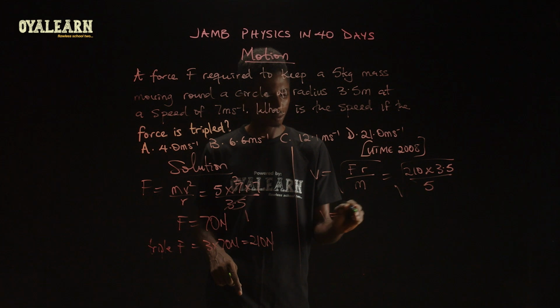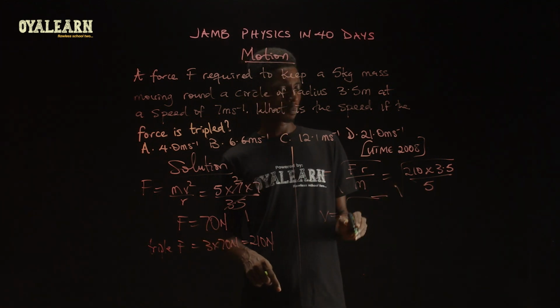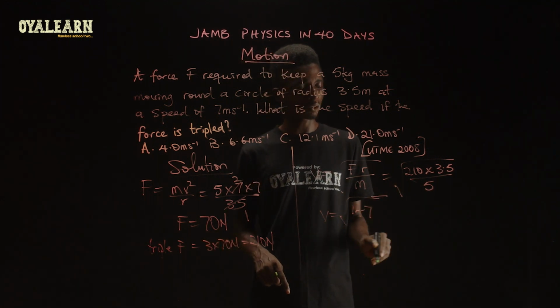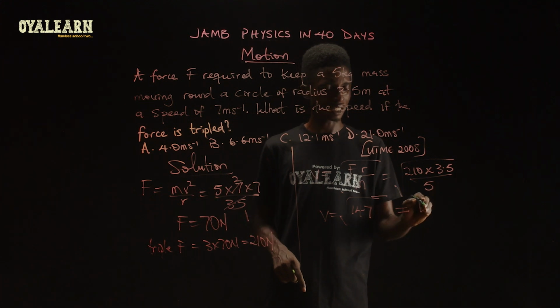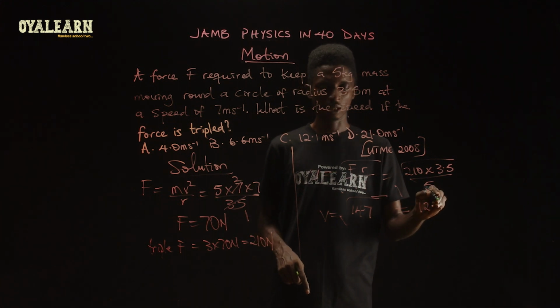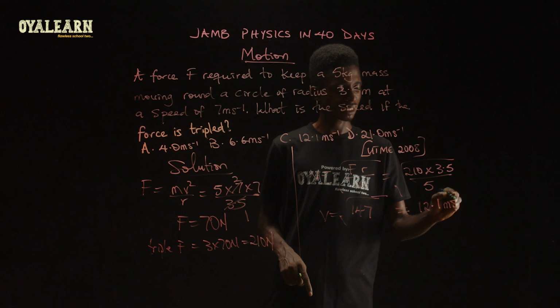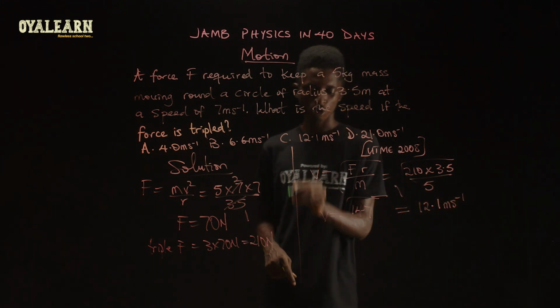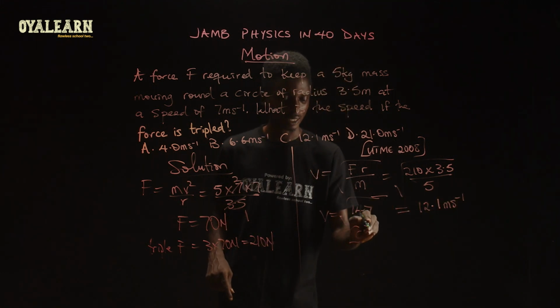So V here becomes the square root of, when we compute this, we should get 147, and then our final answer is 12.1 meters per second. So the correct option is option C.